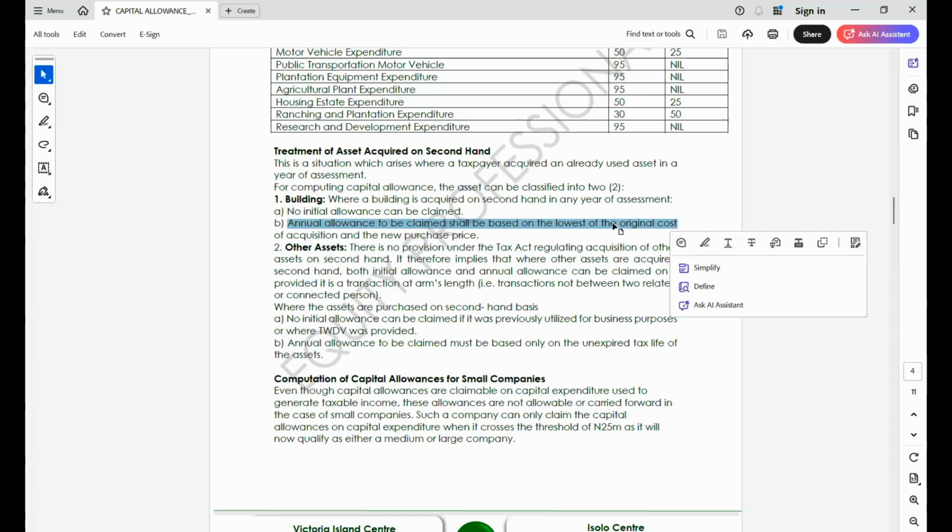So that is when building is acquired on second-hand basis. Apart from building, any other category of asset that falls as qualifying capital expenditure is regarded as other asset for the purpose of when it is acquired on second-hand basis.